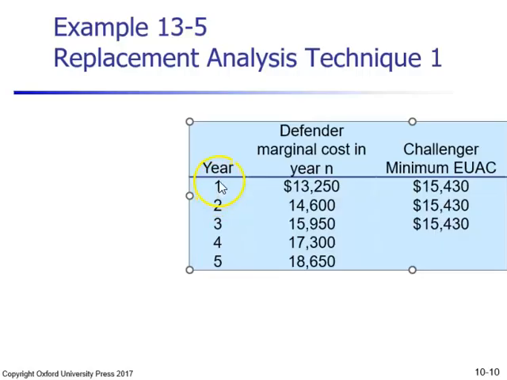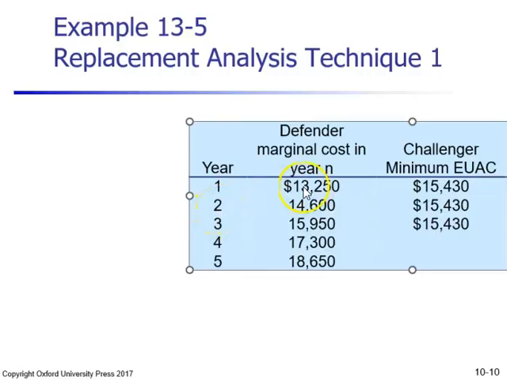It is for year 1. For year 1, the marginal cost would be 13,250, but the challenger is 15,000. So the defender is cheaper, so we are going to keep it for year 1.